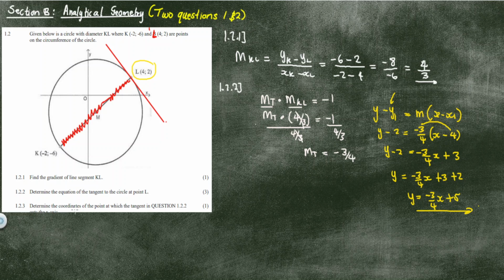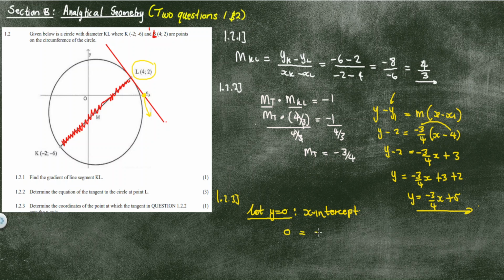Determine the coordinates of the point at which the tangent cuts the x-axis. So they basically want us to calculate the x-intercept of this tangent. They want us to find the coordinates. So 1.2.3, we take this equation and let y be equal to 0, to find the x-intercept of that tangent.